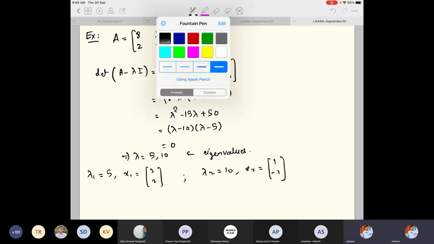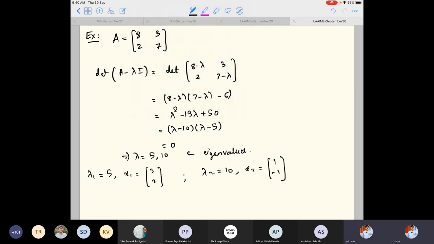Correct. So if you plot these on the xy plane, then one eigenvector is basically this (1, -1). And the other eigenvector is (1, 2/3). Right? So this is another eigenvector. So clearly these are not orthogonal to each other.